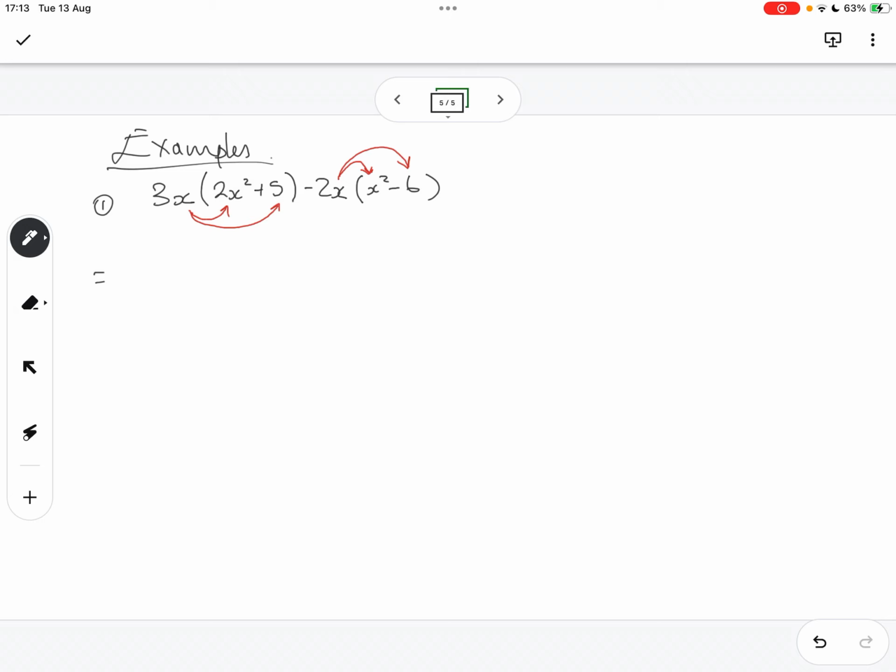So if we multiply 3x by 2x squared, what's the answer? 3x multiplied by 2x squared. It's going to be 6. Okay, so 3 times 2 would be 6, definitely. But that's not everything. What else?